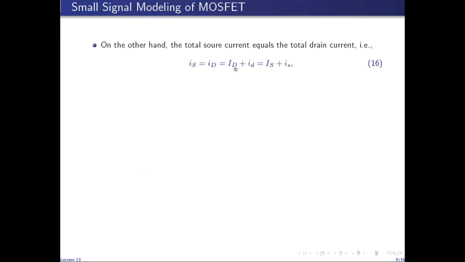So we take the DC component of the drain current to be equal to the DC component of the source current, and the small signal AC component of the drain current to be equal to the small signal AC component of the source current, like this. So the small signal AC component of the source current is also given by gm vgs, because the drain and source currents are the same.